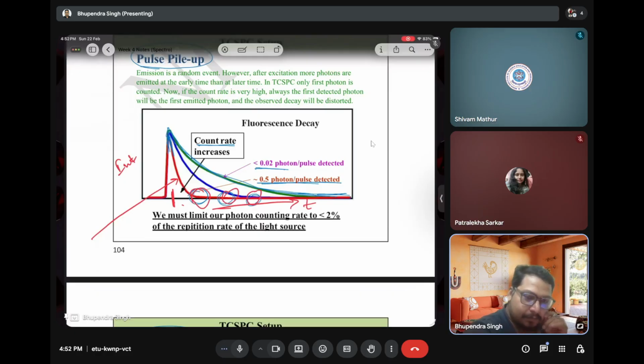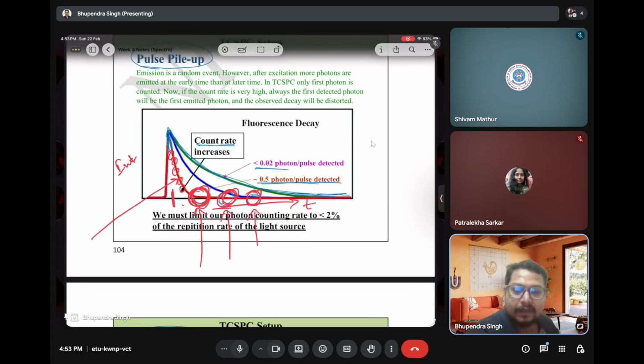Maybe at this position photons are getting emitted and the PMT might detect, but before that, the first emitted photons, whose probability is higher, will reach the detector much faster. So detection of these photons will be higher than these photons.